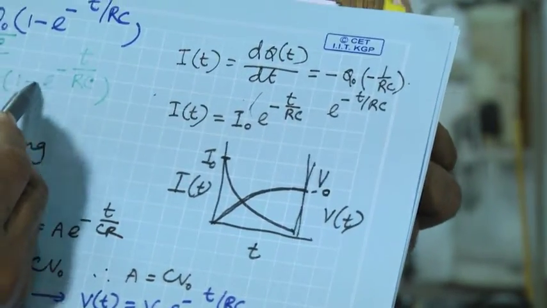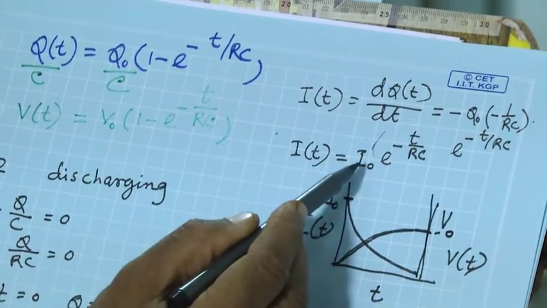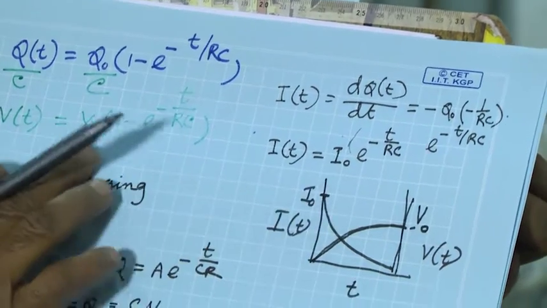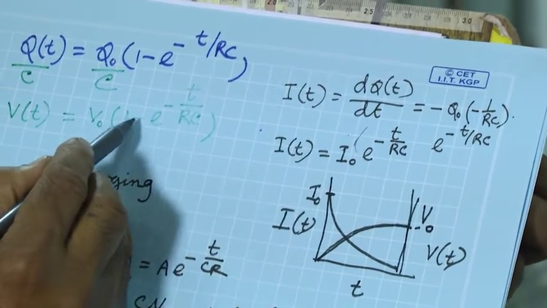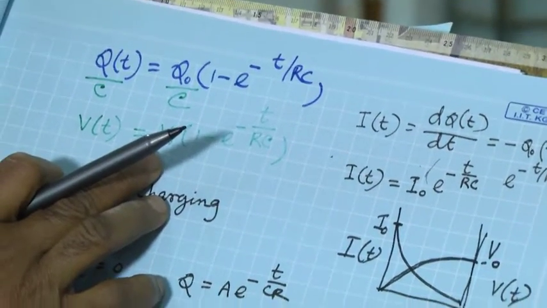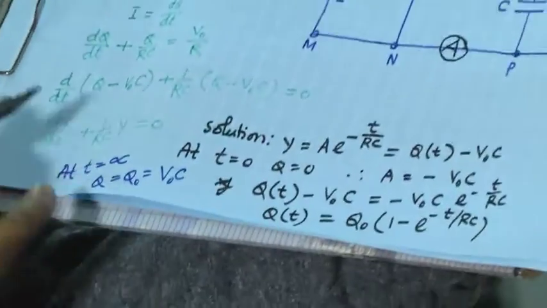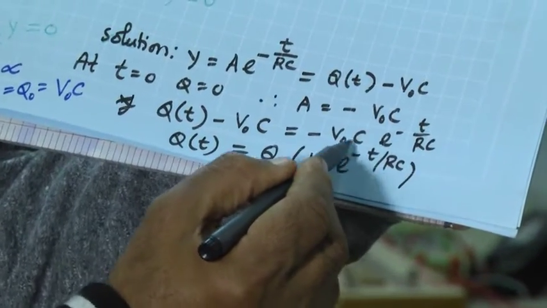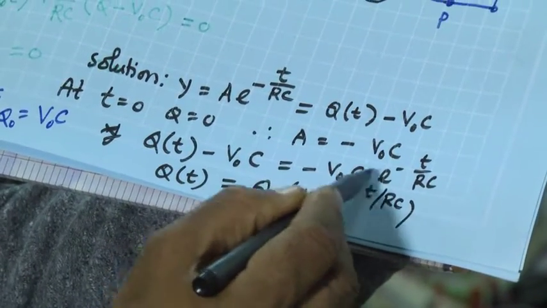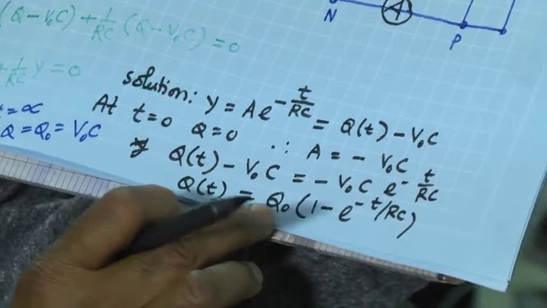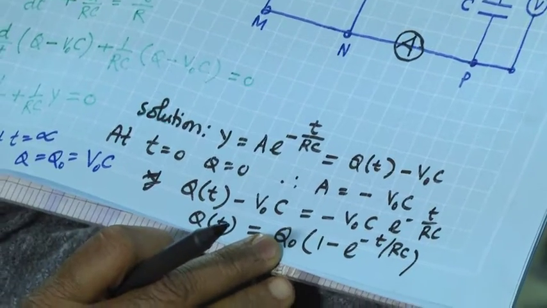In this case it is 1 by e times I0, and in this case 1 minus 1 by e times V0. In case of charge also, if t equal to RC, this factor is 1 by e. So, here also, the way voltage is varying, the same way charge is varying.